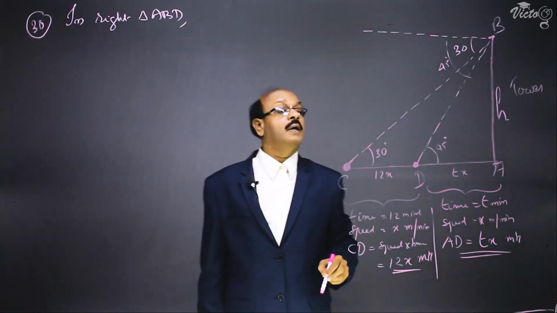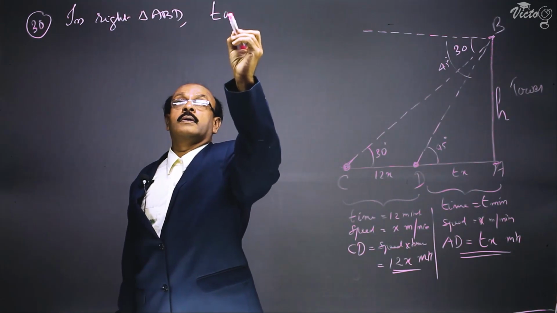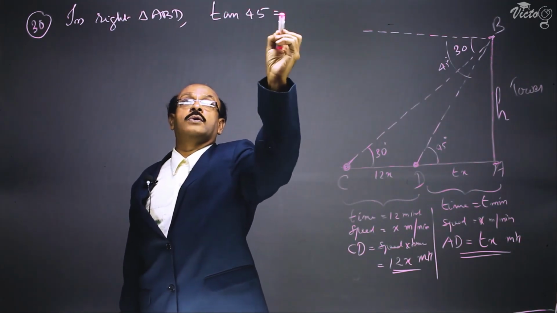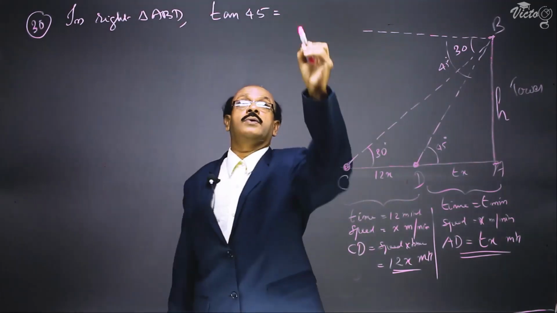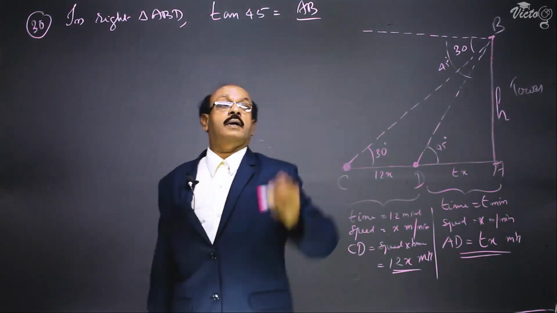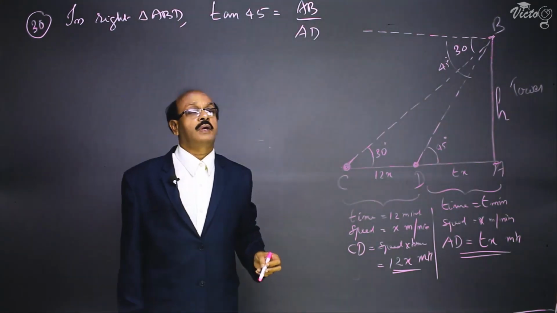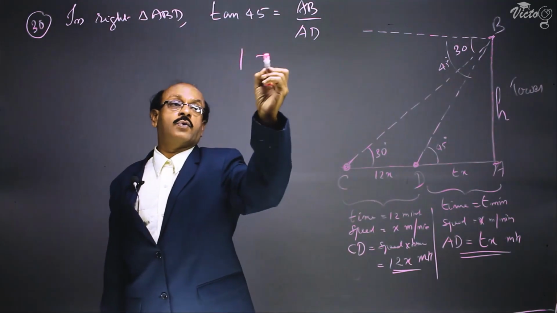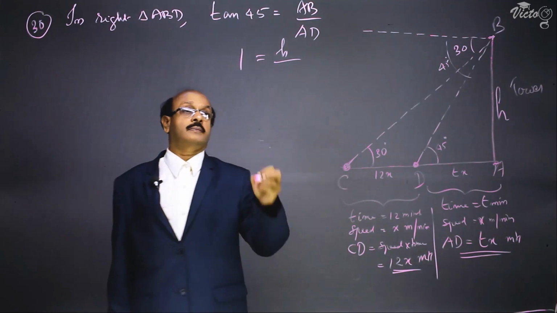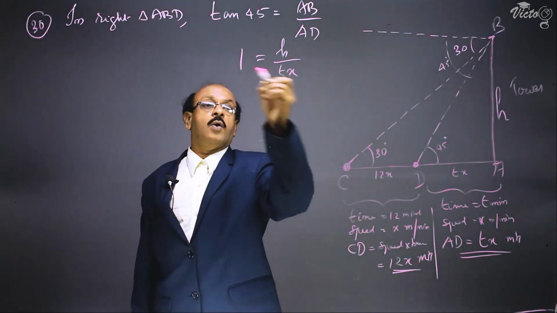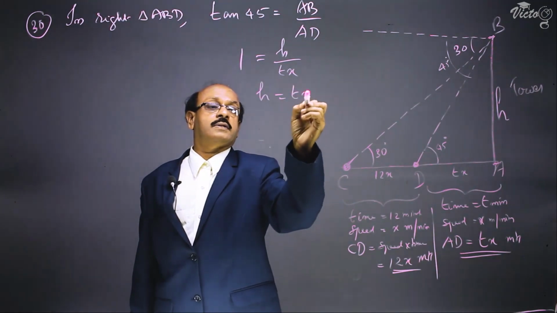So we have to take tan 45 is equal to opposite side, which is AB, divided by adjacent side, which is AD. The value of tan 45 is 1. So 1 is equal to h divided by tx. On cross multiplication, we are getting h is equal to tx.